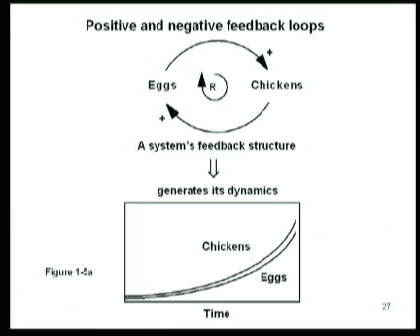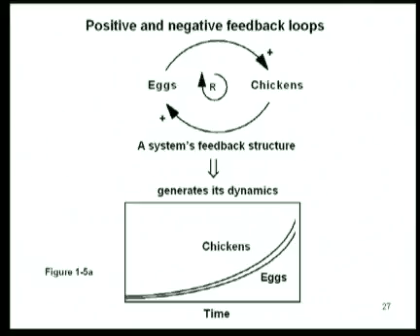So as chickens increase, the number of eggs increases. Then there's an arrow coming back into chickens from eggs, saying that as eggs increase, the number of chickens increases, and so on and so forth. Well, that gives rise to this reinforcing loop, labeled R there, otherwise known as a positive feedback loop.